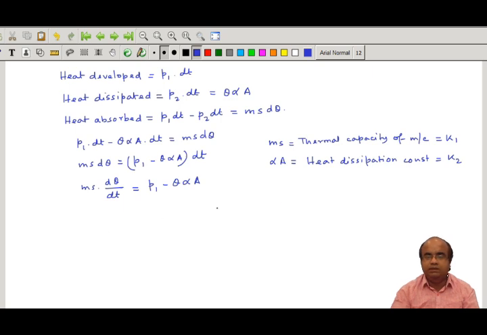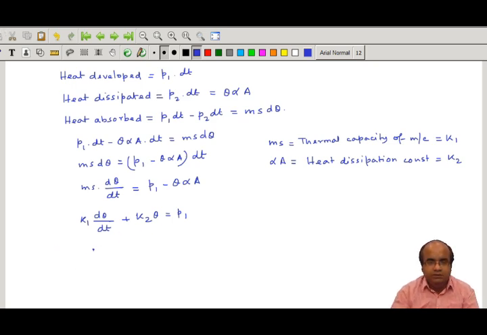Now we can write K1 d theta by dt plus K2 theta equals P1. Now divide the entire equation by K1.